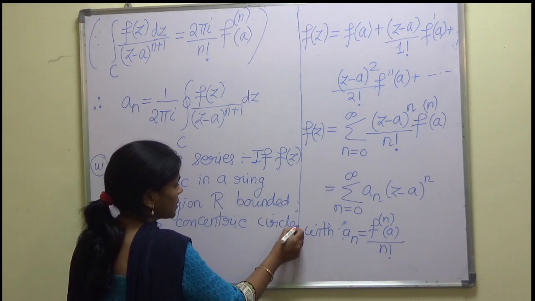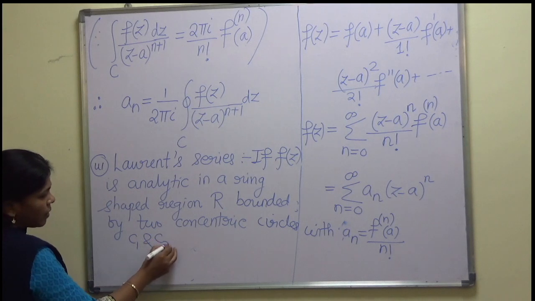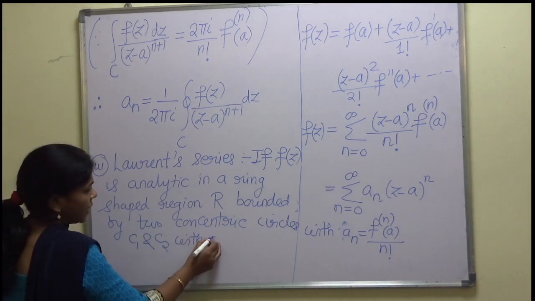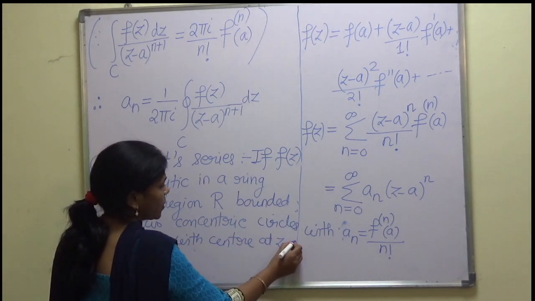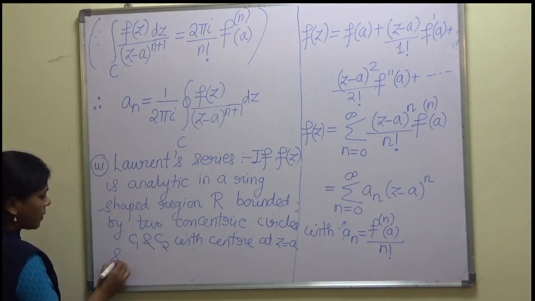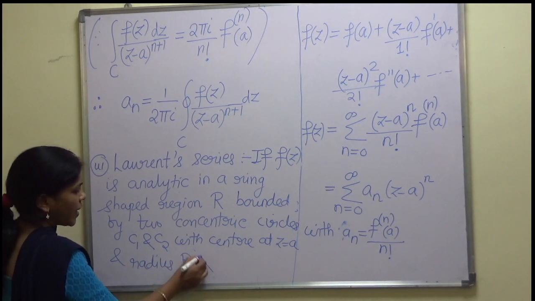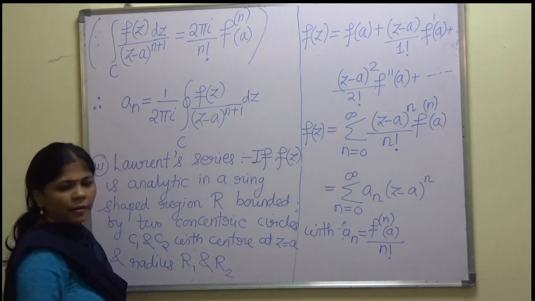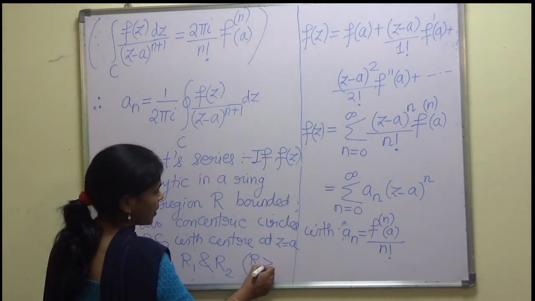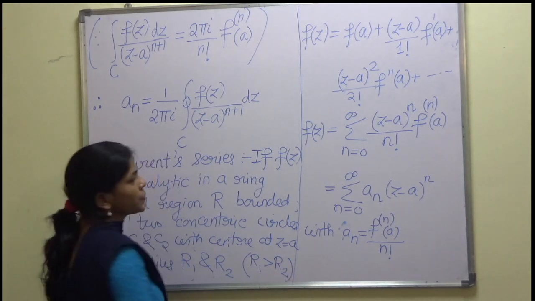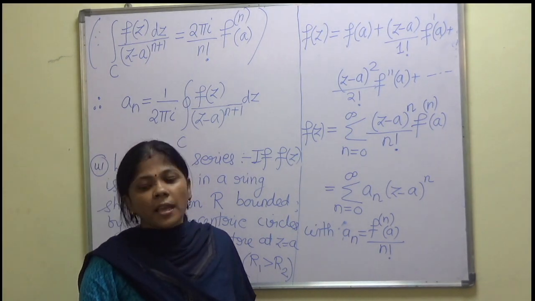Concentric circles C1 and C2 with center at z equal to a and radii r1 and r2, where I am taking r1 greater than r2. Then for all z, what is the Laurent expansion?